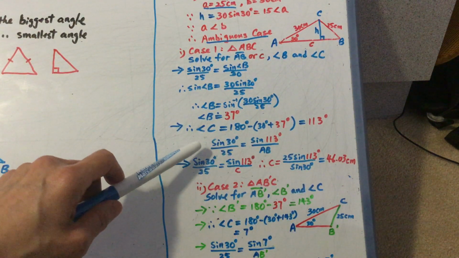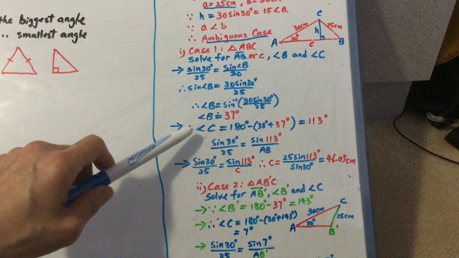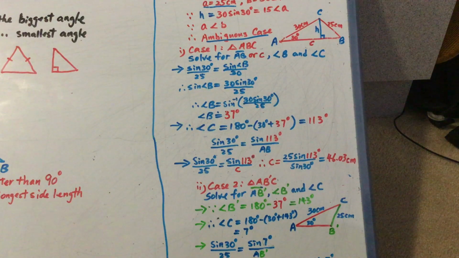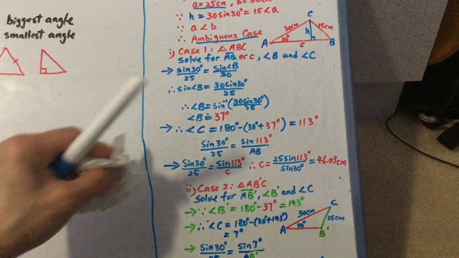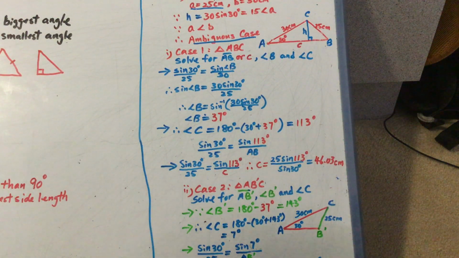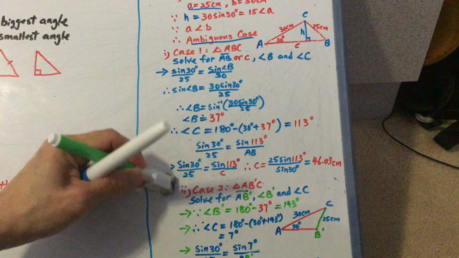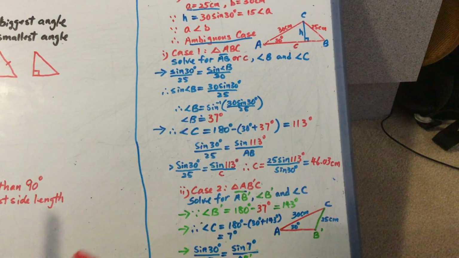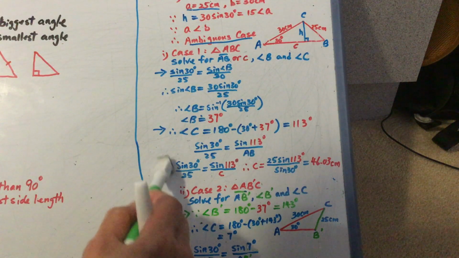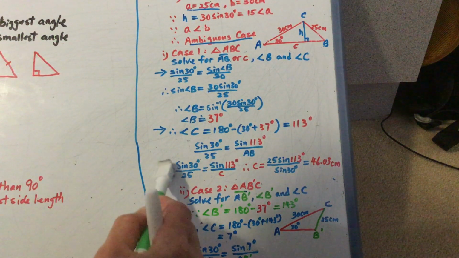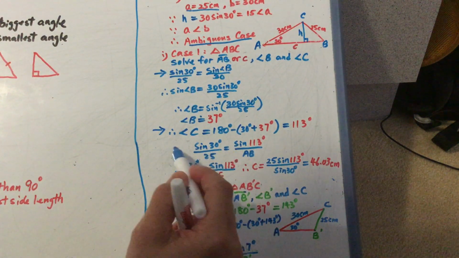And now when it comes to the other side length, the length AB or the length C, I just want to show you how we can solve for the length AB.